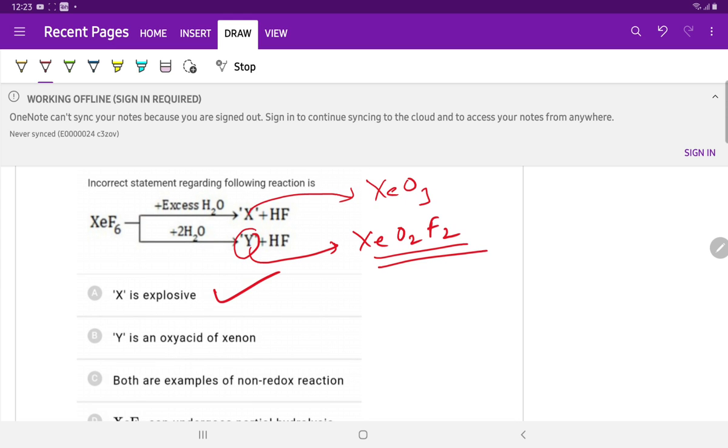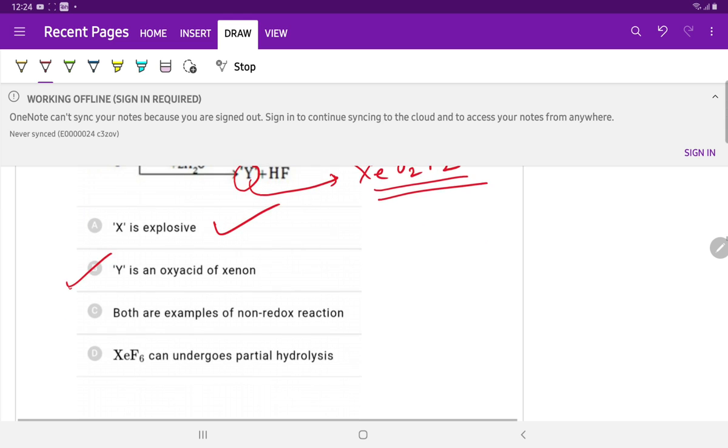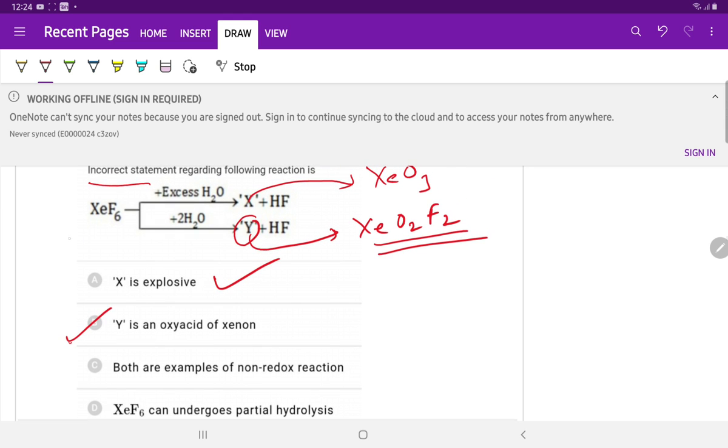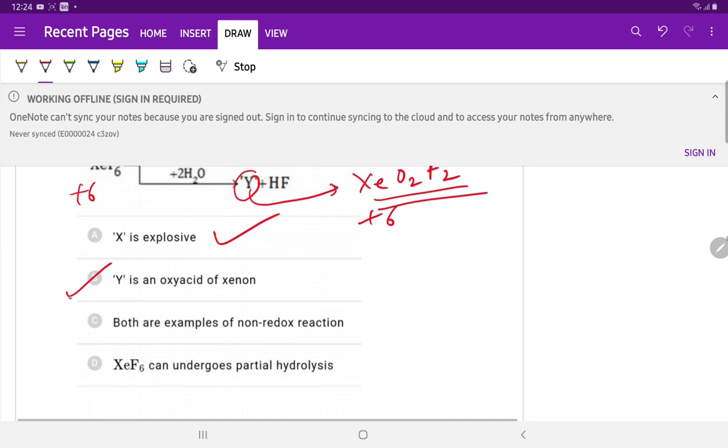X is explosive, a correct statement. We will find the incorrect statement. Y is an oxyacid of xenon? No, Y is an oxyfluoride, not an oxyacid. So B is incorrect. Both are examples of non-redox, correct. +6 and +6, there is no redox reaction.